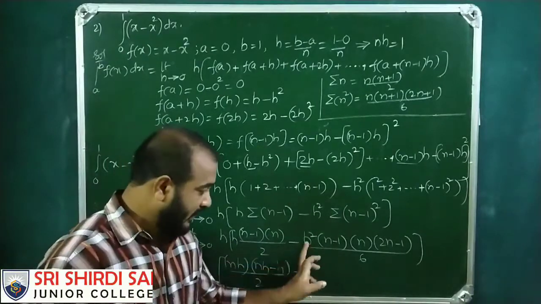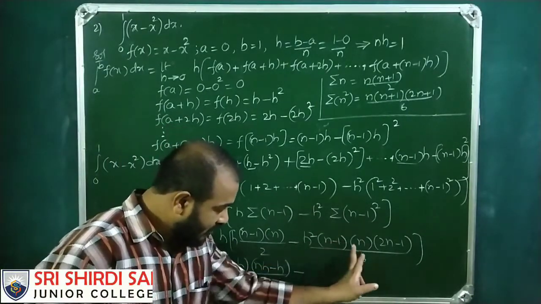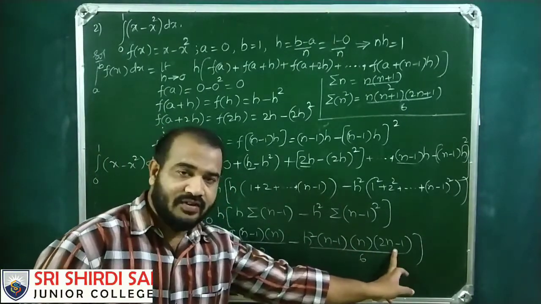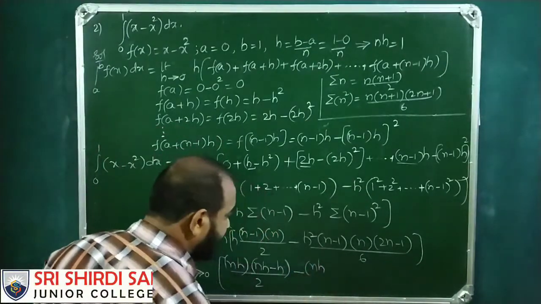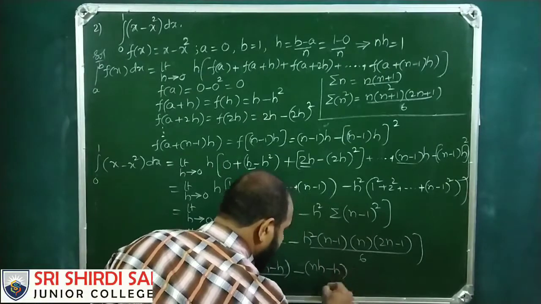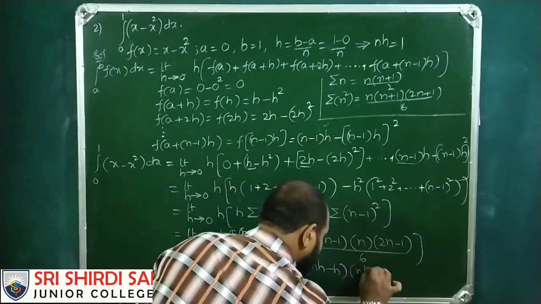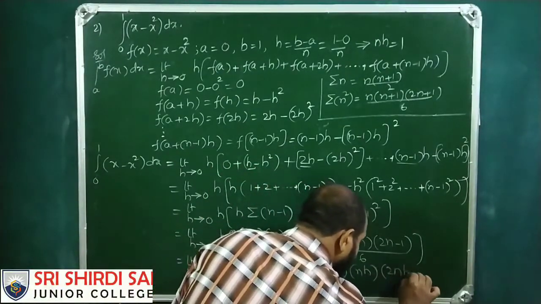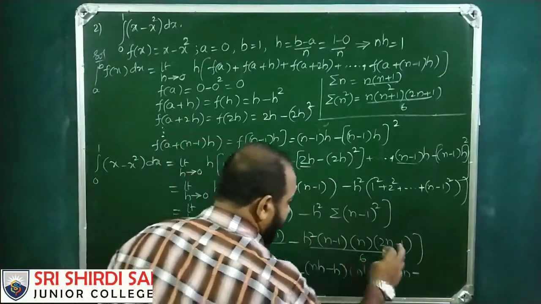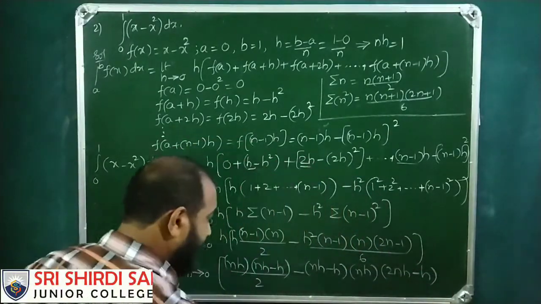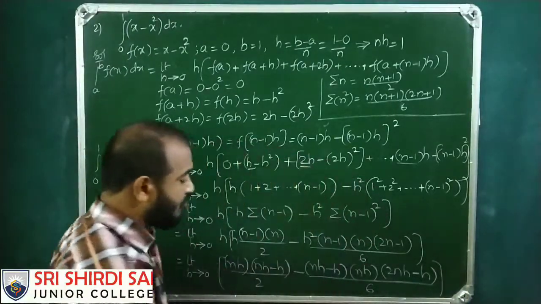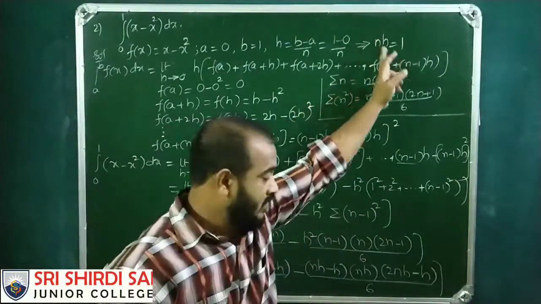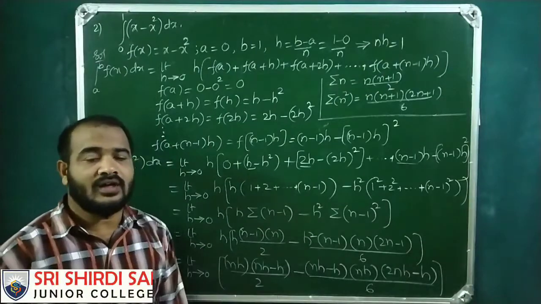Let us do one thing. One h I will give to this, and another h and another h I will give to this. As a result, (nh minus h) nh by 2, minus nh (2nh minus h) by 6. Now we have to substitute nh equals 1 in this to obtain the answer.